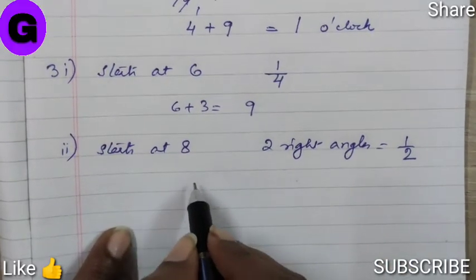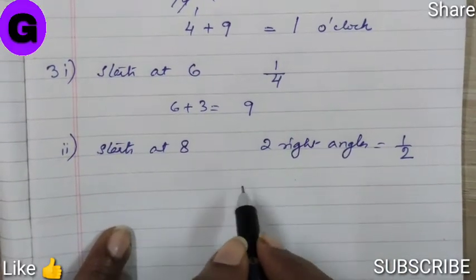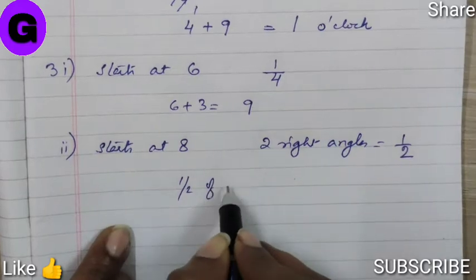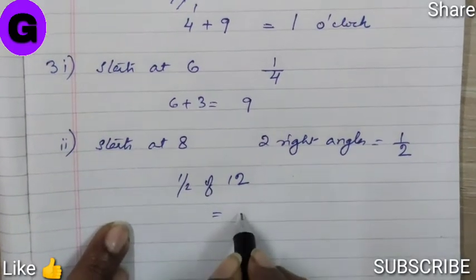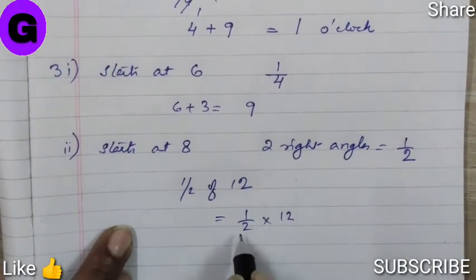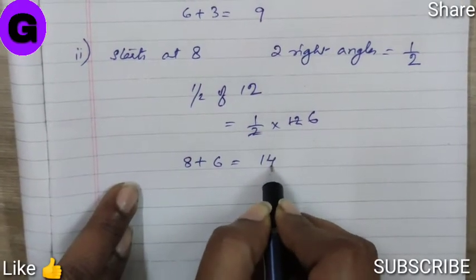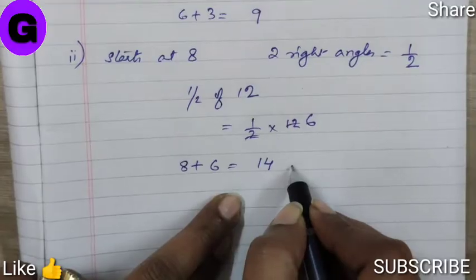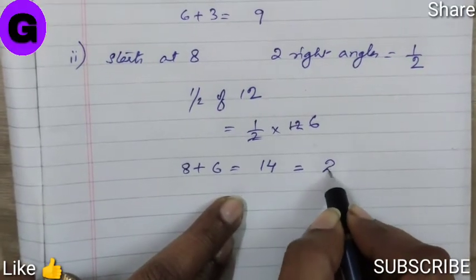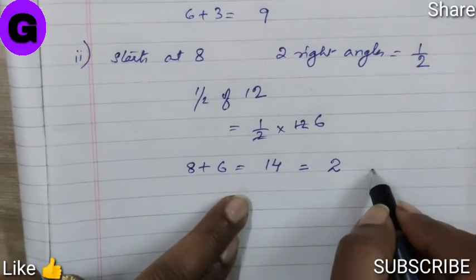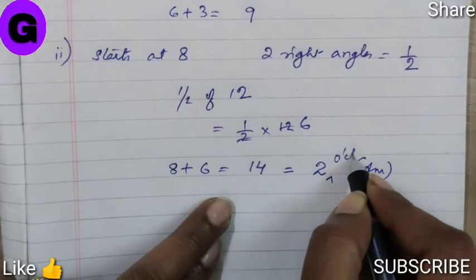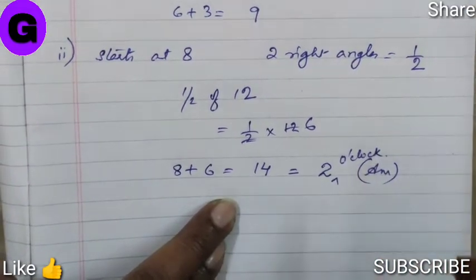That means half of 12, which means 6. 8 plus 6 gives us 14. The 14 is equal to 2, 2 o'clock. Sorry, I skipped this.